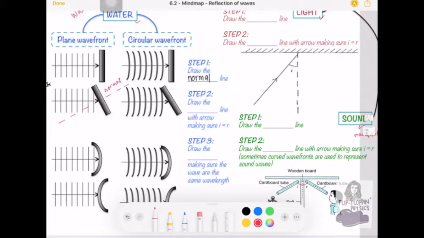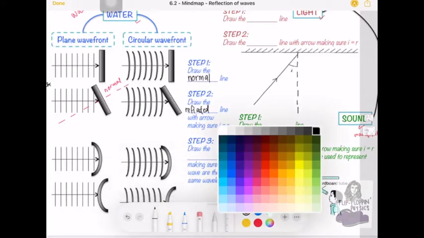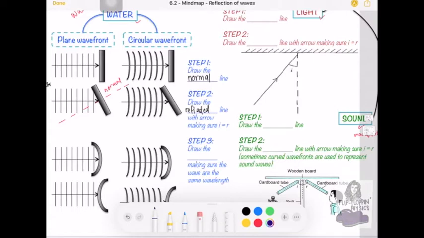And then the second step would be to draw the reflected line. Okay, so in this case, if it is in real situation, whereby in real exam, then you have to use a protractor to measure the angle here, and when you draw your reflected ray, it has to be the same angle with that.